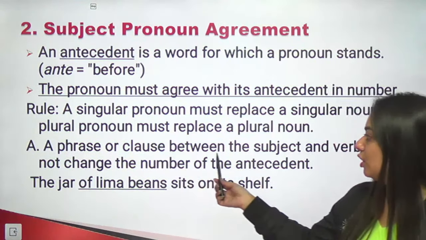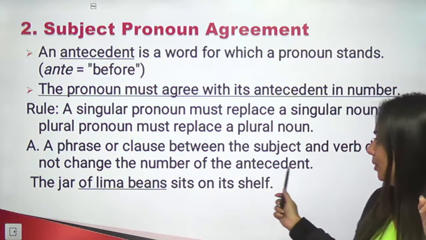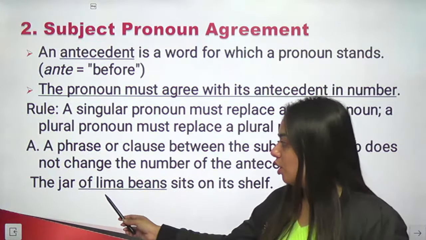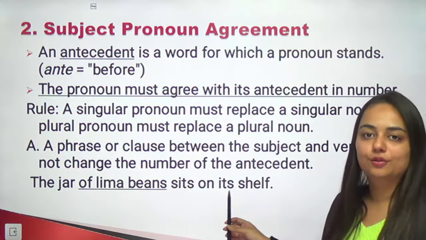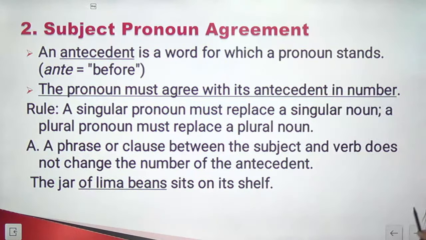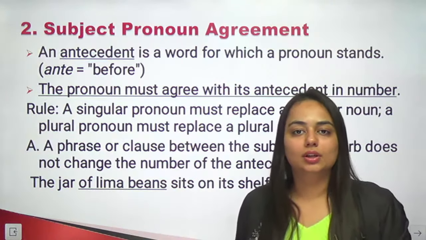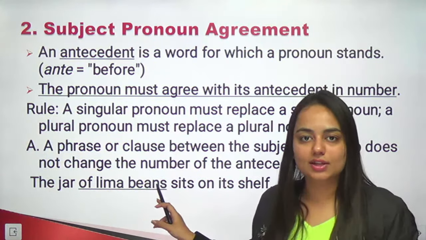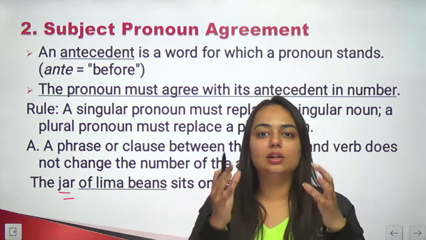A phrase or a clause between the subject and the verb does not change the number of the antecedent. For example, the jar of lima beans sits on its shelf. Now by looking at this sentence, what will you see? You'll see that lima beans is plural. But is this our subject? No, we have to ignore this phrase. Our subject is that jar which is containing the lima beans.